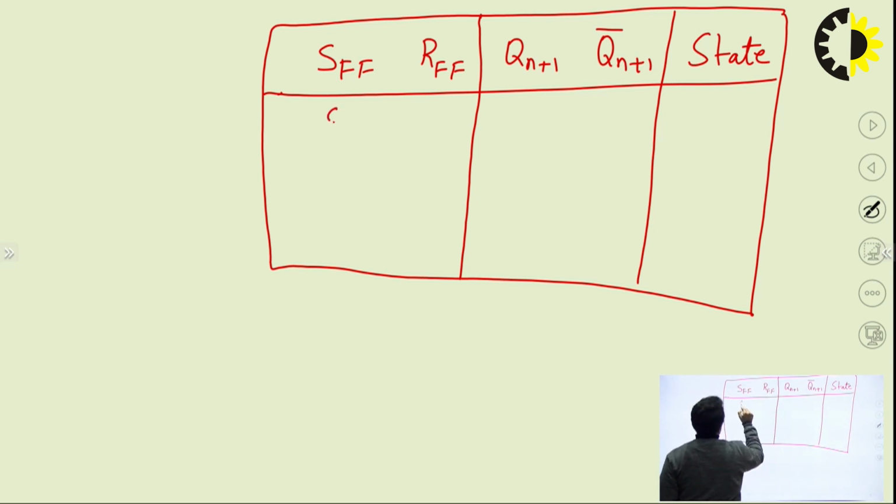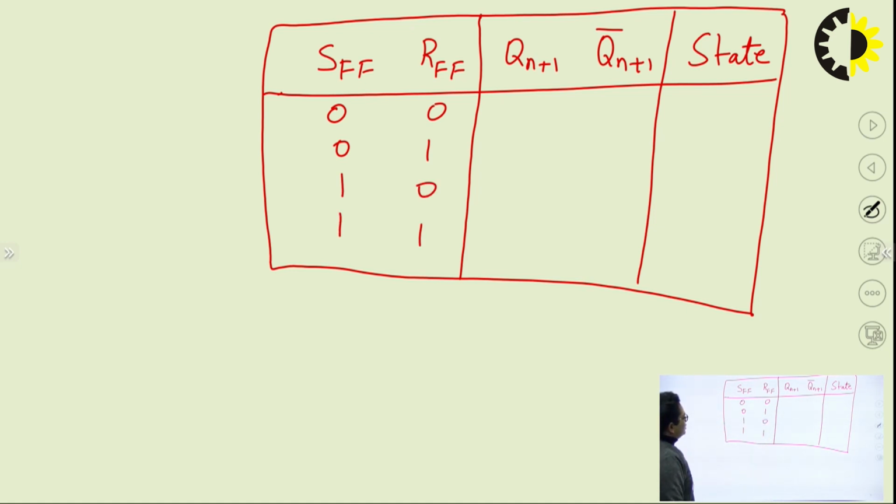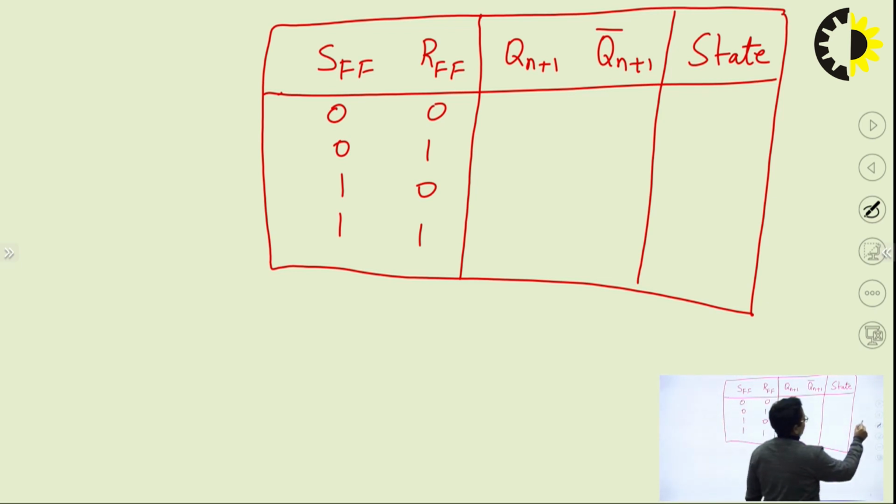So let us try to write all the 4 combinations, 0 0, 0 1, 1 0 and 1 1. Now, one mistake that we did here is in terms of clock. So we have to apply the clock also.